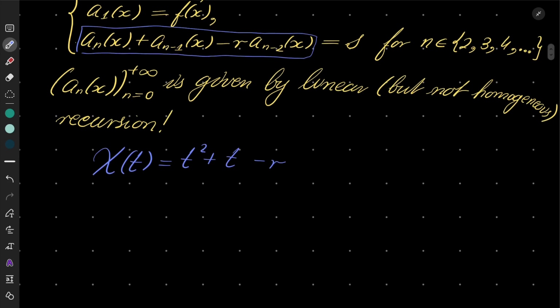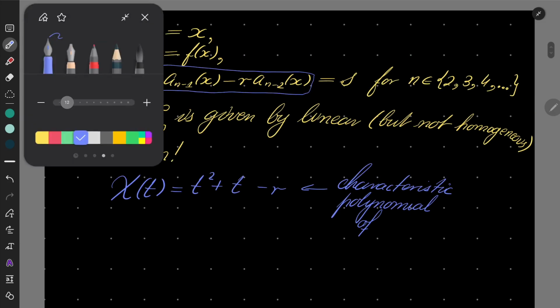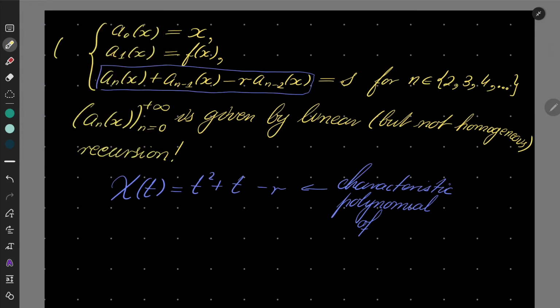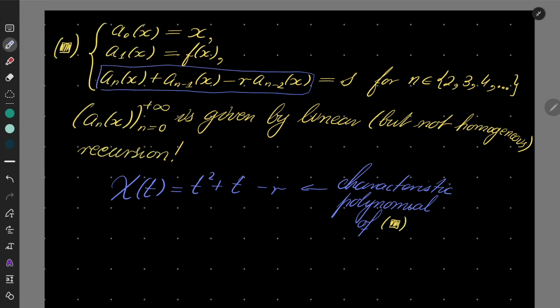Okay, and now we need to factorize it. So it's the characteristic polynomial of, let's call this recursion, relation square. And let's factorize it. Well, we can do it by quadratic discriminant.